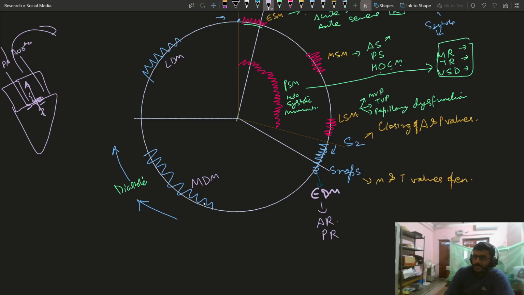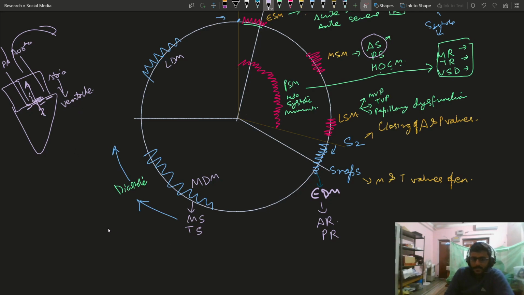Now for mid diastolic, we have multiple causes. Most common of them will be mitral stenosis and tricuspid stenosis. Apply the same logic as aortic stenosis and pulmonary stenosis. Now the job is for the atria to push the blood into the ventricle, but the atria will face a resistance by their very own valves.